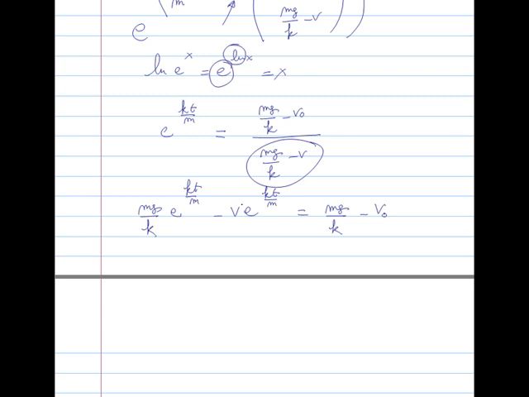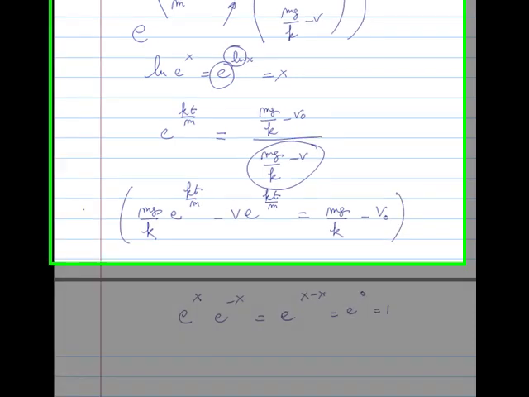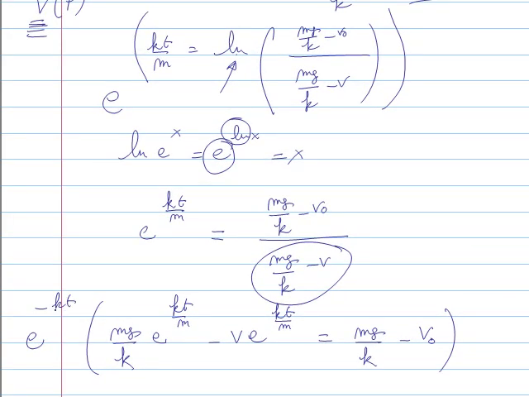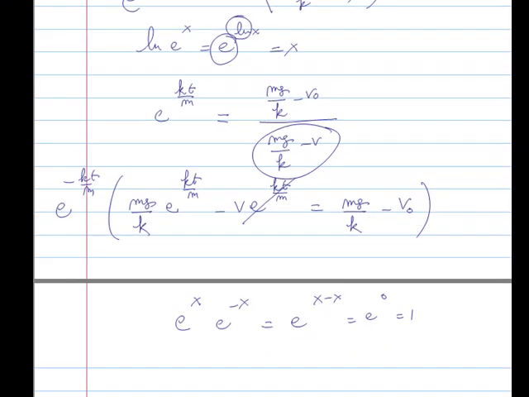Now I want to have v all by itself, so I need to get rid of the exponential. I know that e to the x, if I multiply it by e to the minus x, then I end up with e to the x minus x, which is e to the 0, which is 1. So I'm going to multiply this equation by e to the minus kt over m. This will get rid of this term, so this will allow me to have my v all by itself.